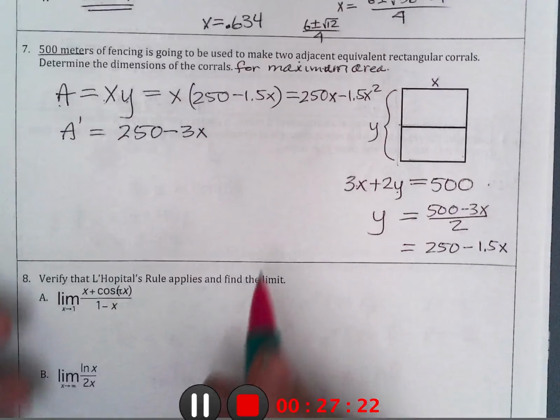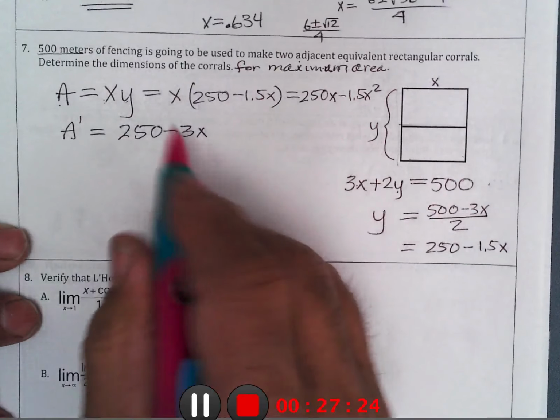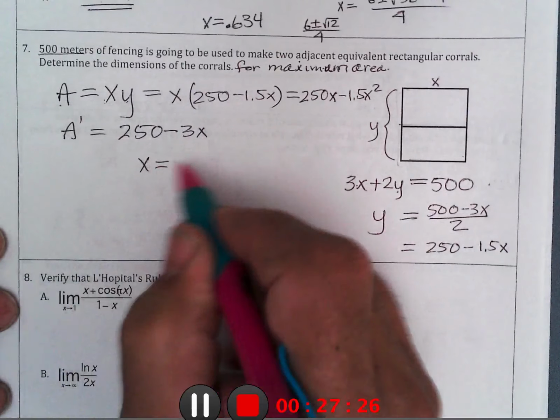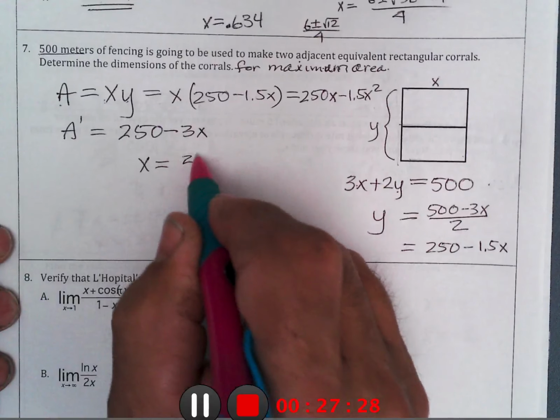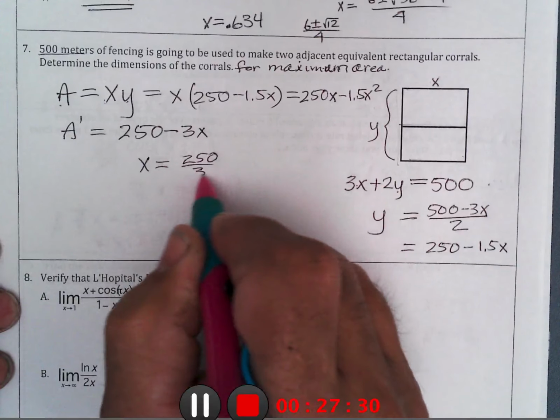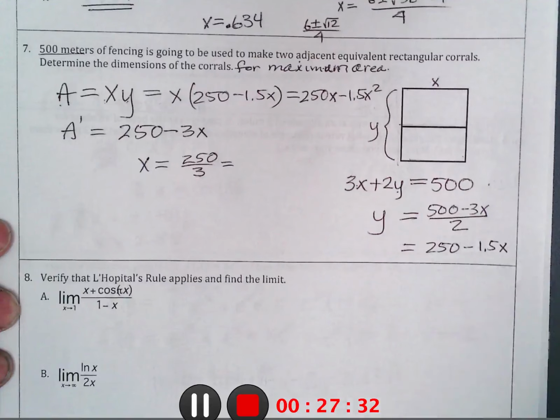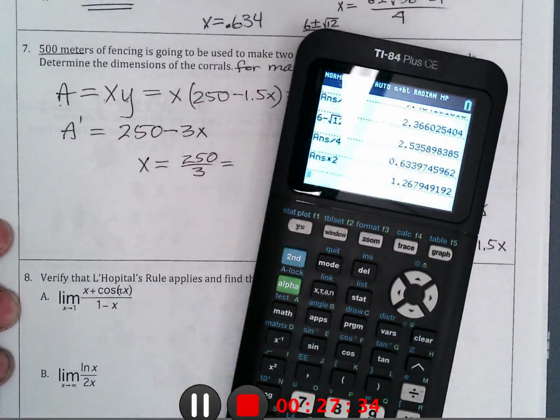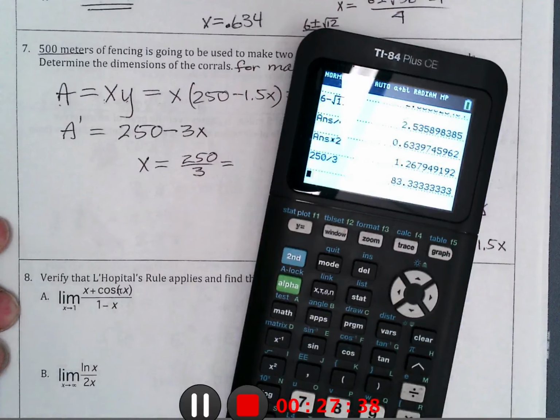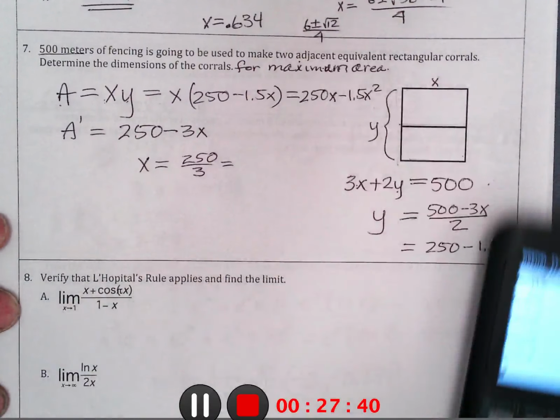And so if I set that equal to 0, I get X equals 250 divided by 3, which is 83 1/3 meters.